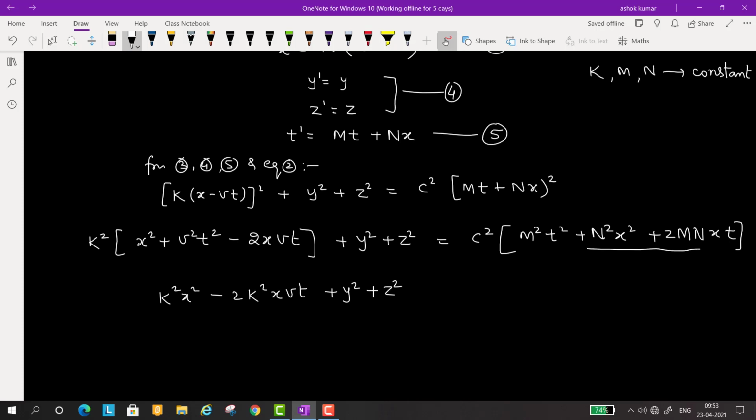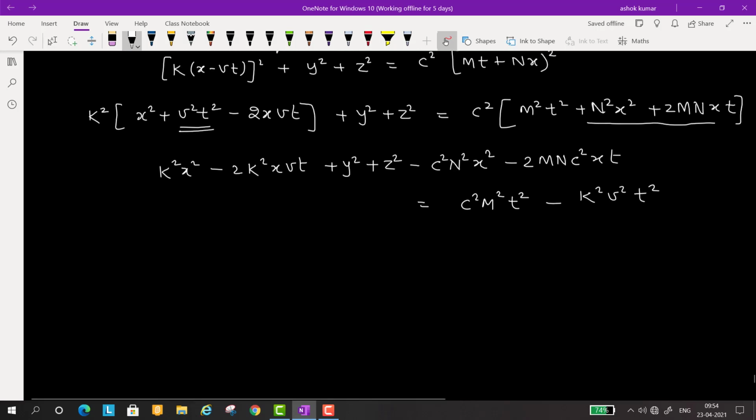This term we take on the other side. This term we take on this side. So from this and this we will take k square minus c square n square common.